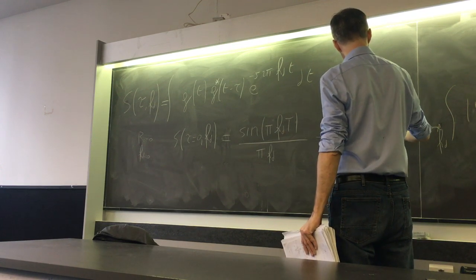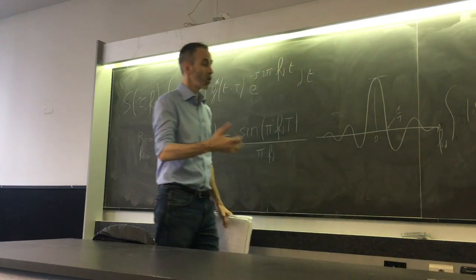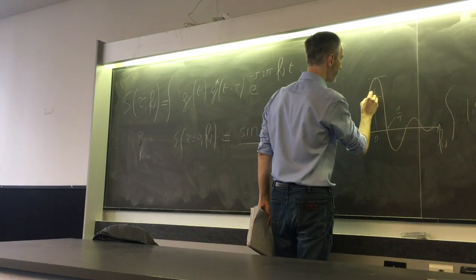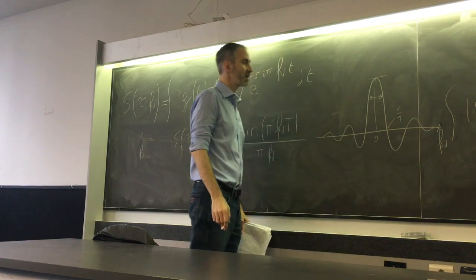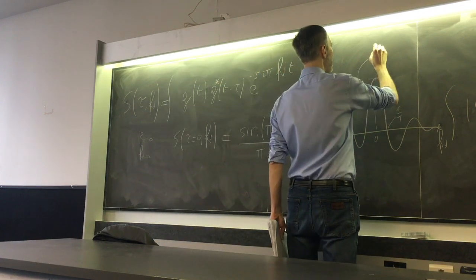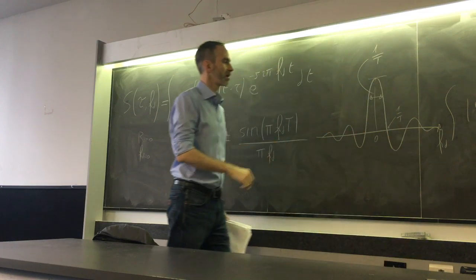And the first 0 is at 1 divided by the observation time. And since you all took the signals exam, you know that we say that the effective width of the lobe is 1 divided by the time.